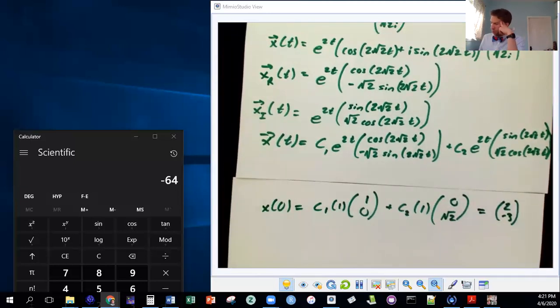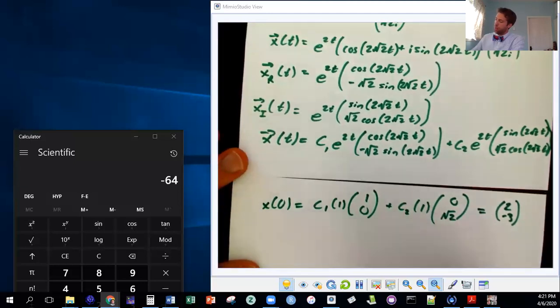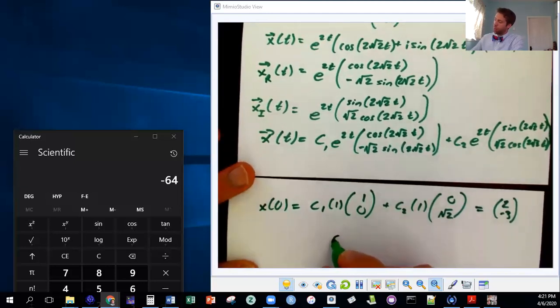In order to get that, I can use regular old algebra, or I can use Sage. So we'll restate this as just an algebra problem now.